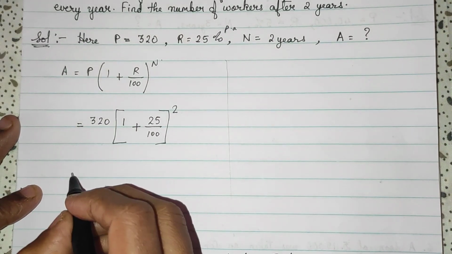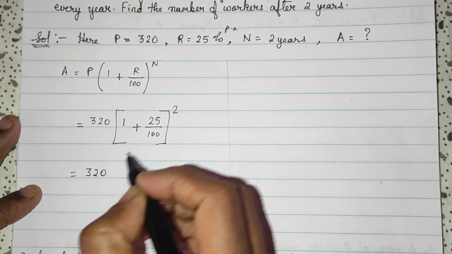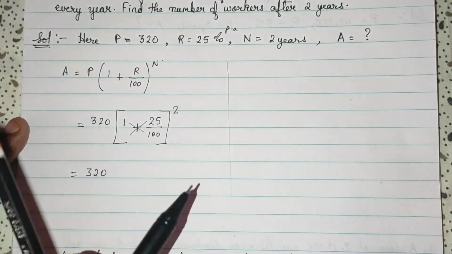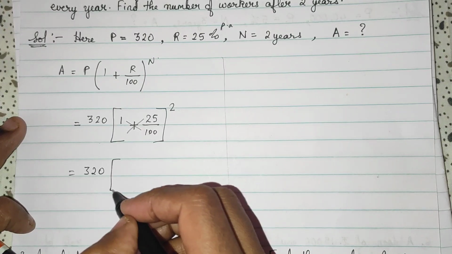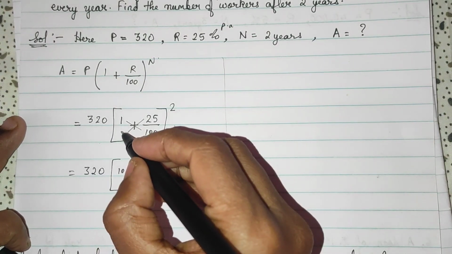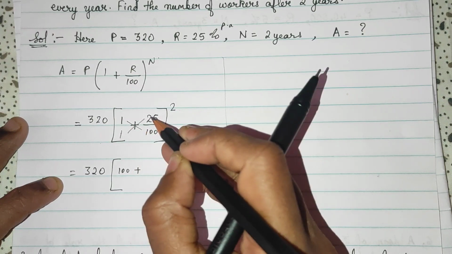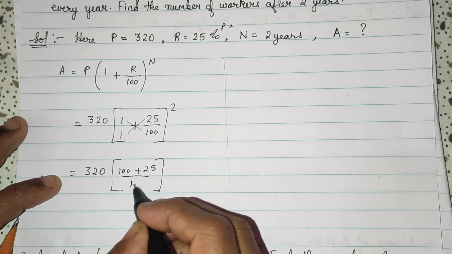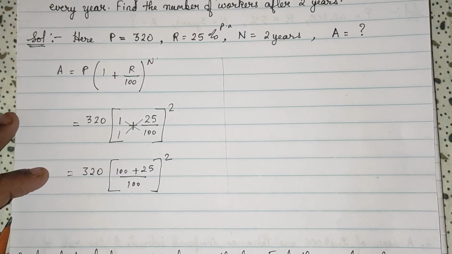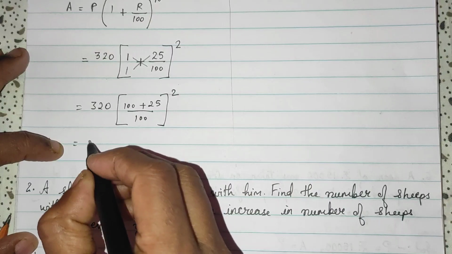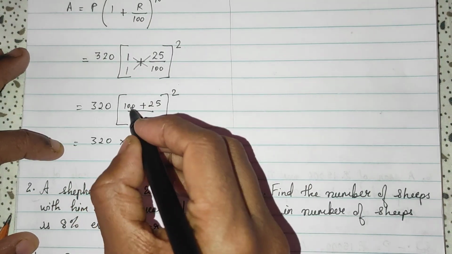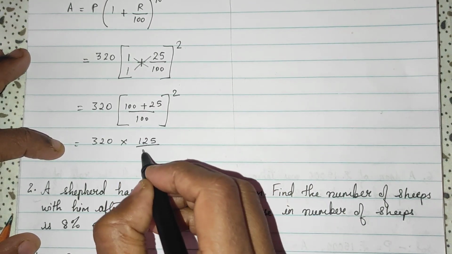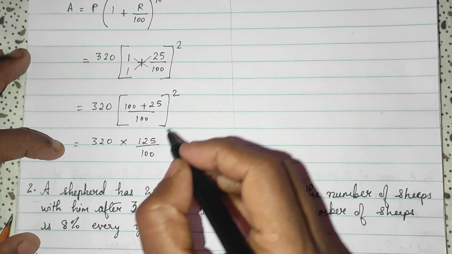So now 320, here when we do cross multiplication, 1 into 100 is 100, then here there is nothing, means 1 into 25 is 25, and 1 into 100 is 100, raised to 2. So then we have 320 multiplied by 100 plus 25 is 125 upon 100, and it is raised to 2.